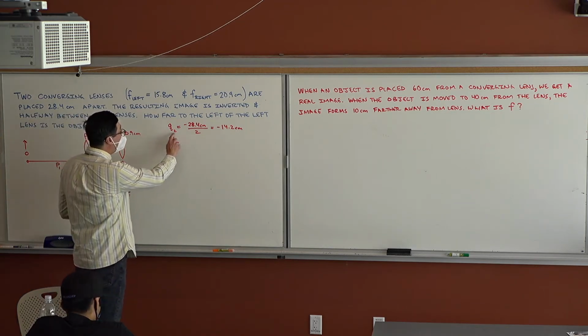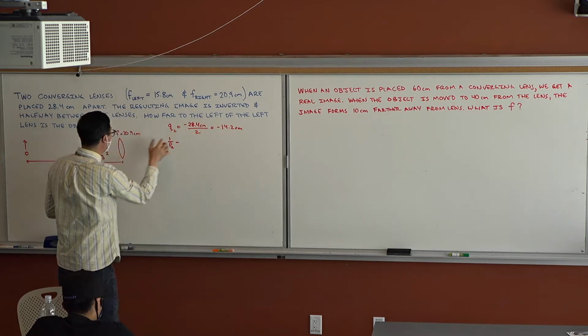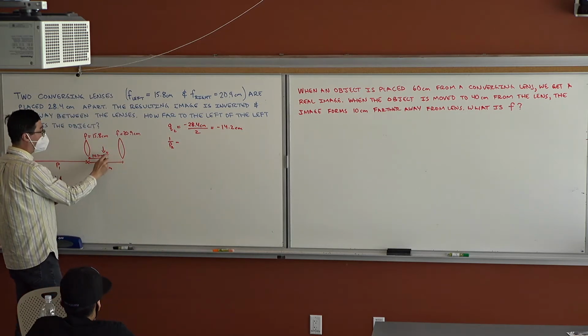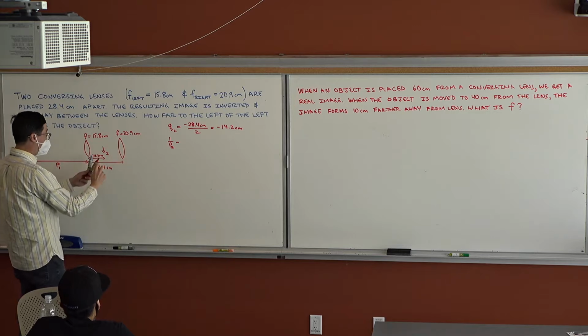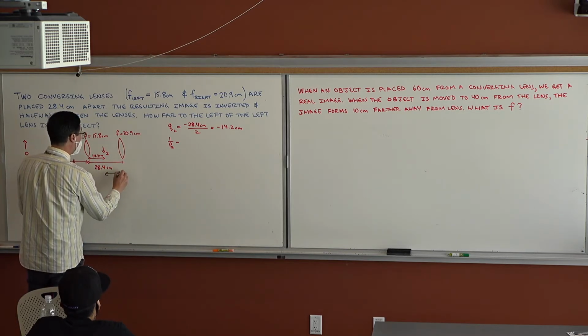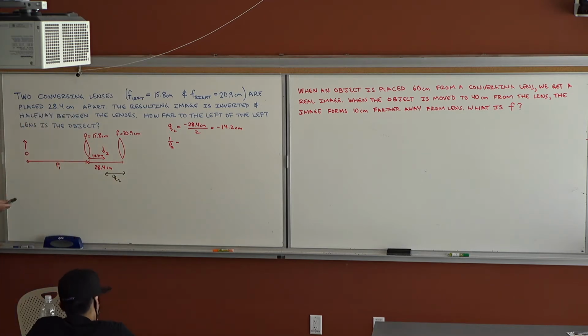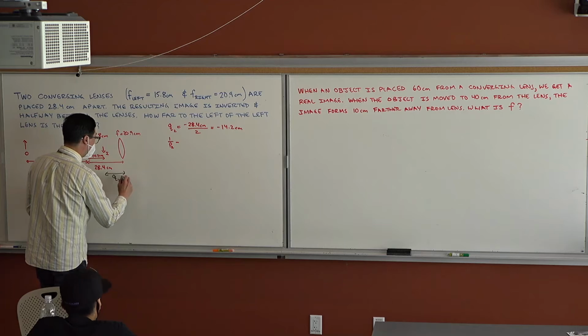We know that Q2 is minus 28.4 centimeters over 2, which is minus 14.2 centimeters. That's this Q2, and it's equal to minus 14.2 centimeters. Hooray.